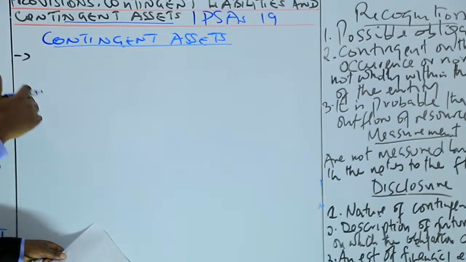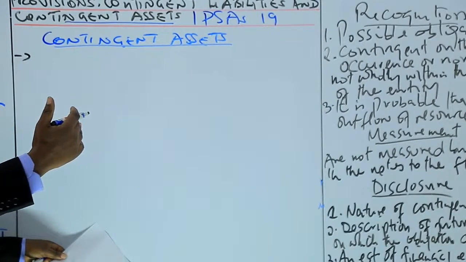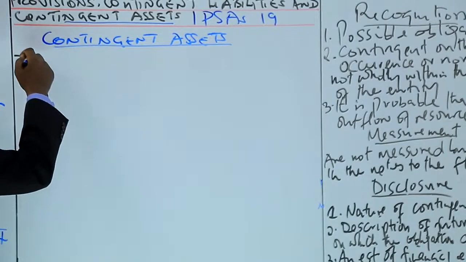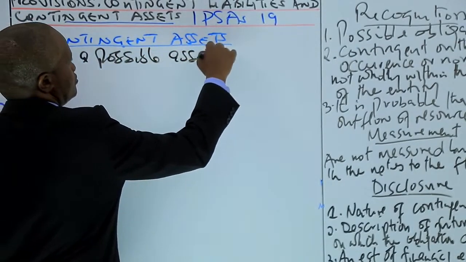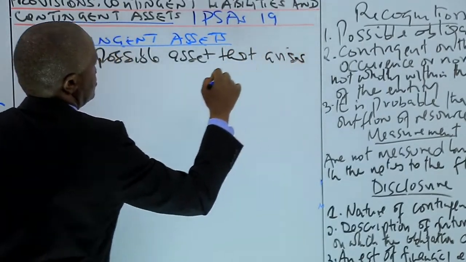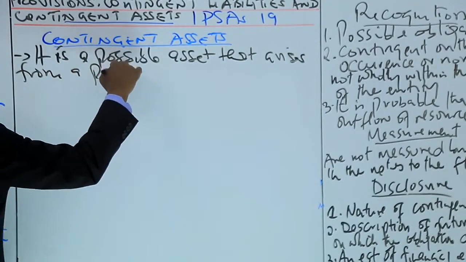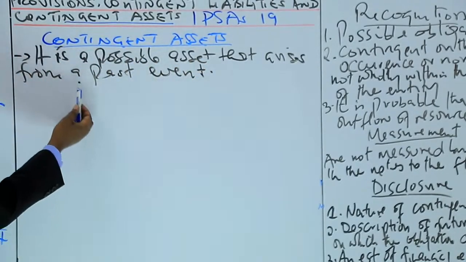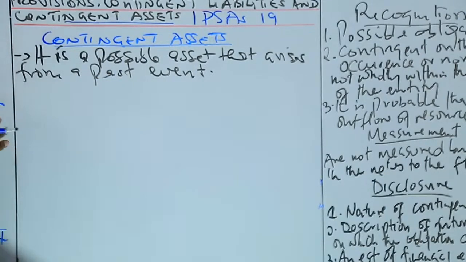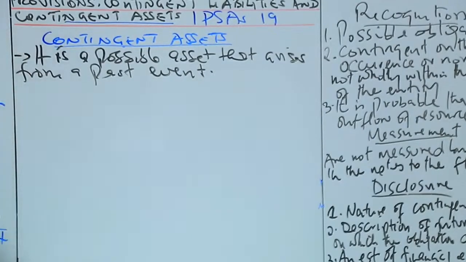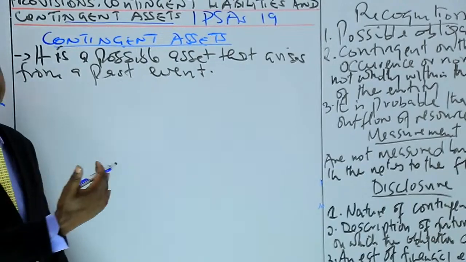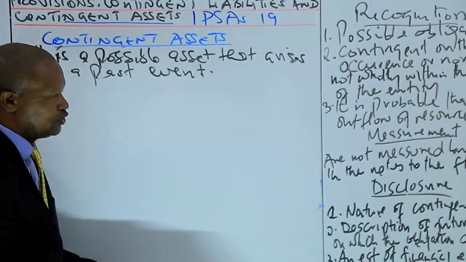First of all, it is a possible asset that arises from a past event and whose existence will be confirmed only by the occurrence or non-occurrence of an uncertain future event, not wholly in the control of the entity.